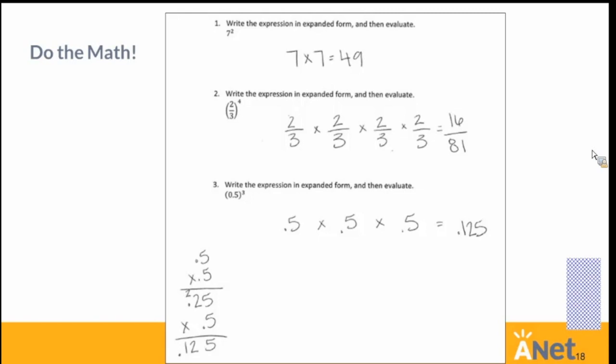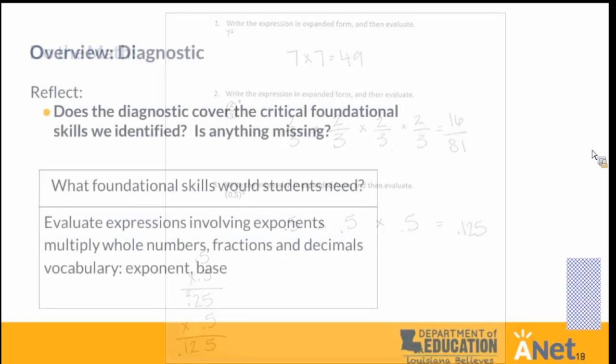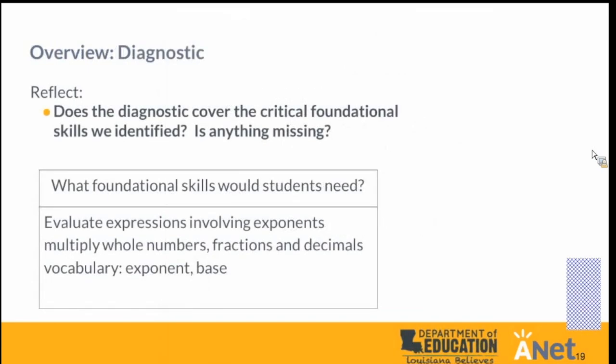Now we're going to do a short reflection to consider, does the diagnostic cover the critical foundational skills that we had identified, and is anything missing? So when I think about what we identified after reading the cover page, we thought about evaluating expressions involving exponents, multiplying whole numbers, fractions, and decimals. The diagnostic covers both of those skills.